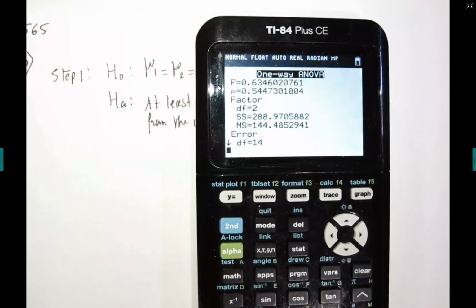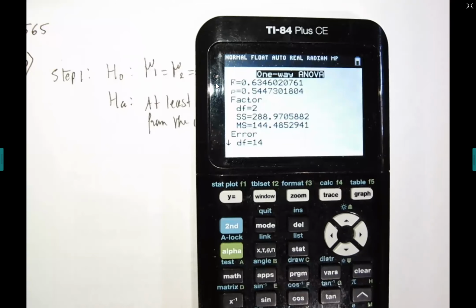You see, the first value is the test statistic F, and the second value is the p-value. I'm just going to write them down. Any questions? Oh, the comma is right above 7, number 7.